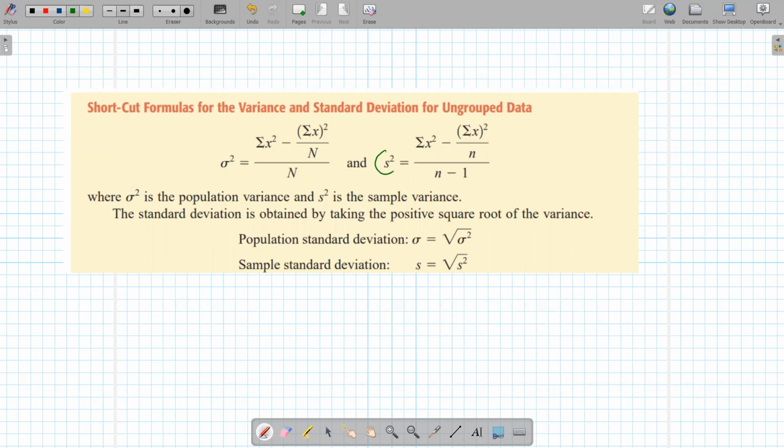If these guys will never be negative, can these guys ever be negative? Turns out it won't be, because you're always going to be taking the square root of a positive number. Hence, it'll never be negative. Cool?